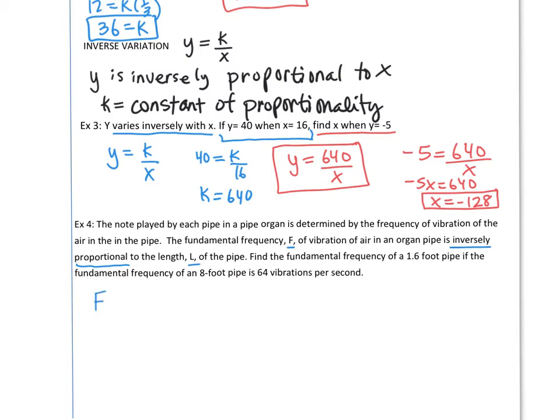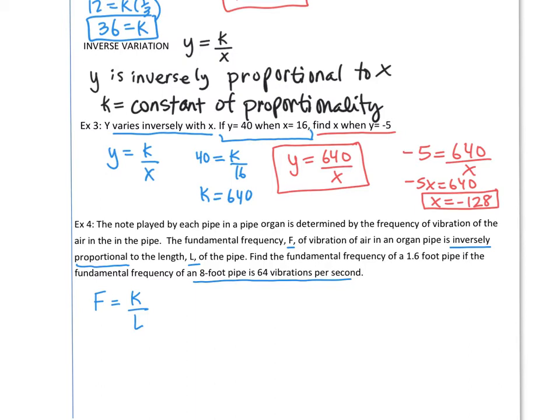So F is our frequency. This would be k divided by L. So you're looking for those words to tell you how to set up that equation.